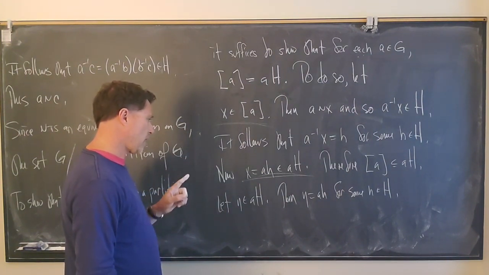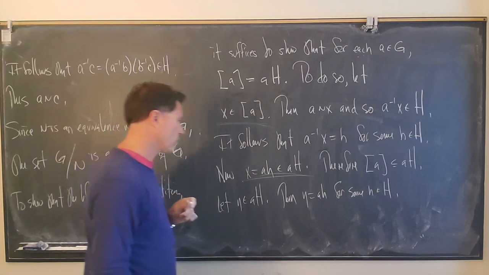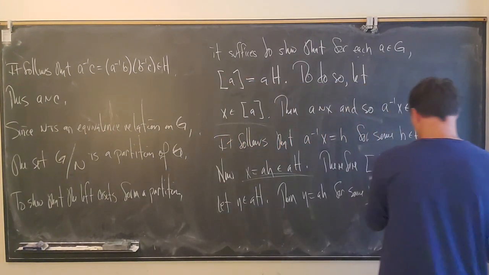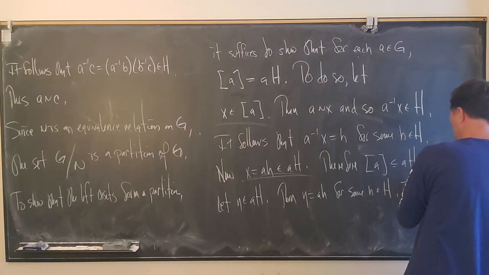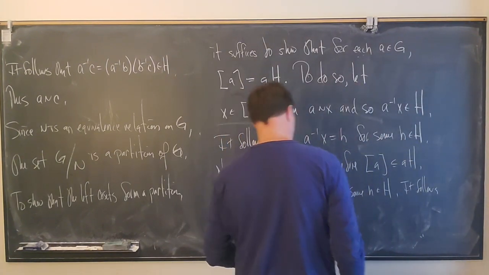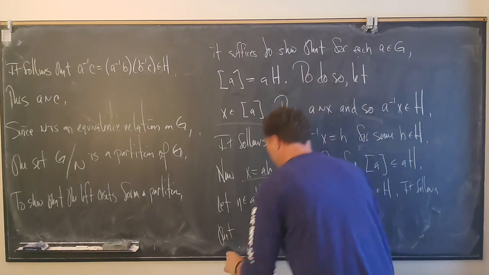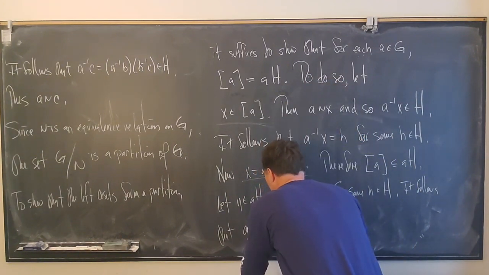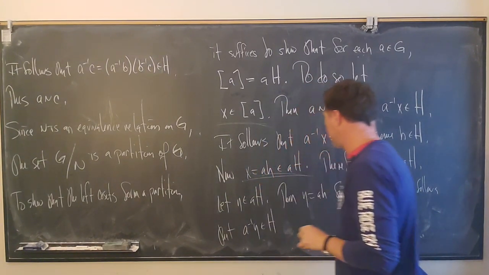Okay, so if y equals a times h, it follows that a inverse times y is an element of capital H. Why is that?